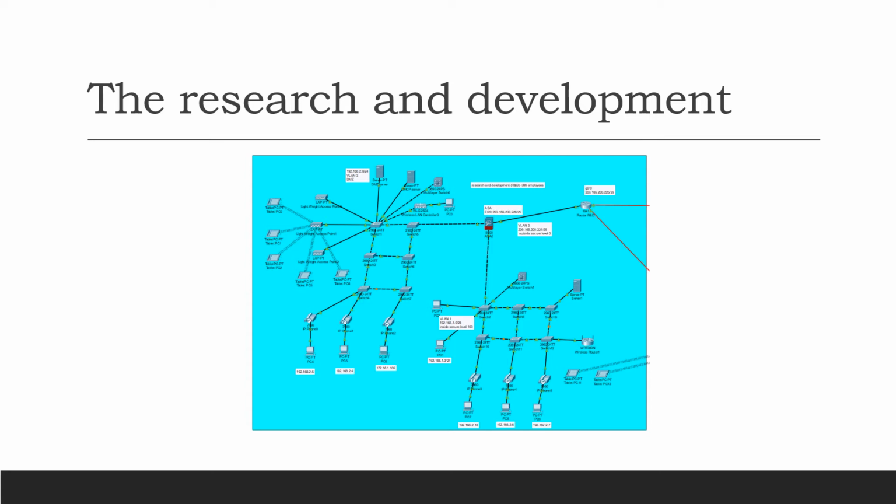And there are 3 routers, and these 3 routers go to 3 different parts. One goes with the ASA, and another router goes with the switches of other devices.